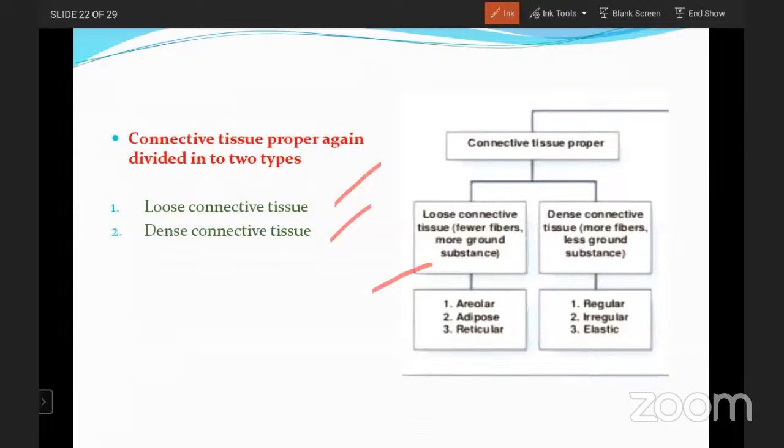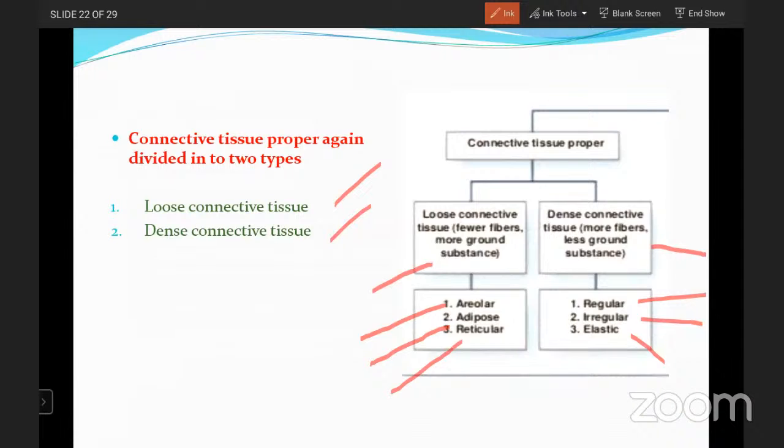In dense connective tissue, more fibers and less ground substance are present. In loose connective tissue: areolar, adipose, and reticular. In dense connective tissue: regular, irregular, and elastic. These are the types. Okay.